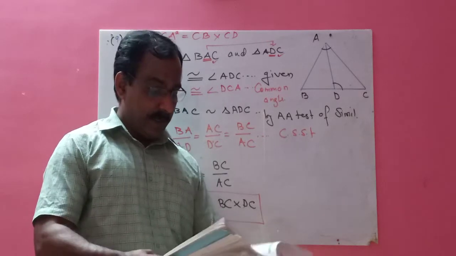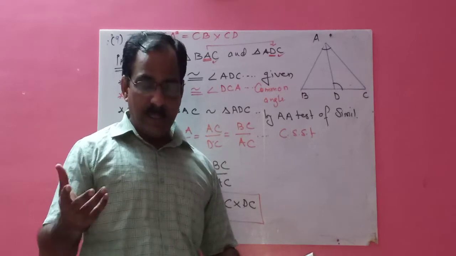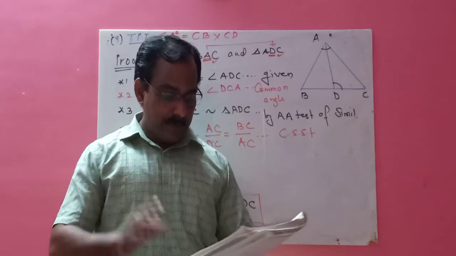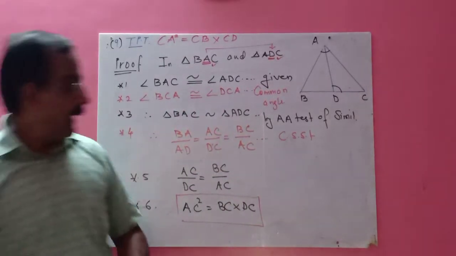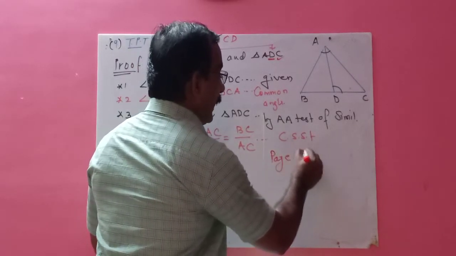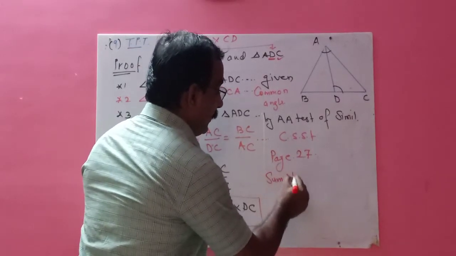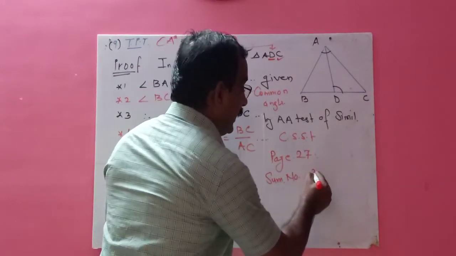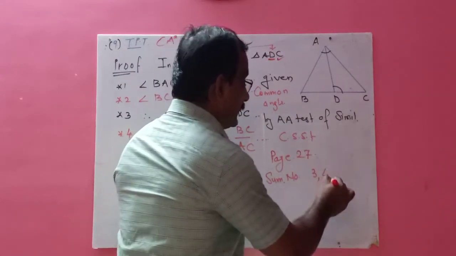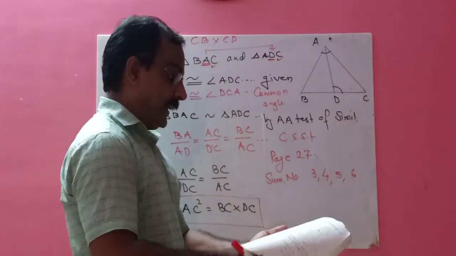You try it, because you have a lot of time, so you can practice these sums, and maybe you will get some difficulties while solving. So just see page number 27. I am writing on the board page 27, sum number 3, 4, 5, 6.